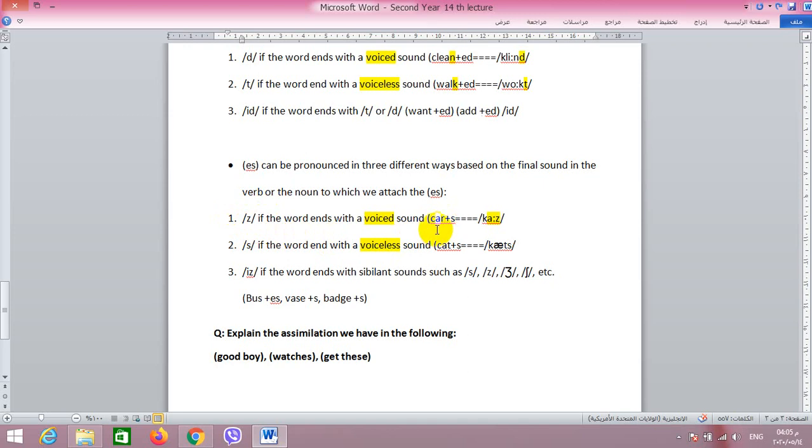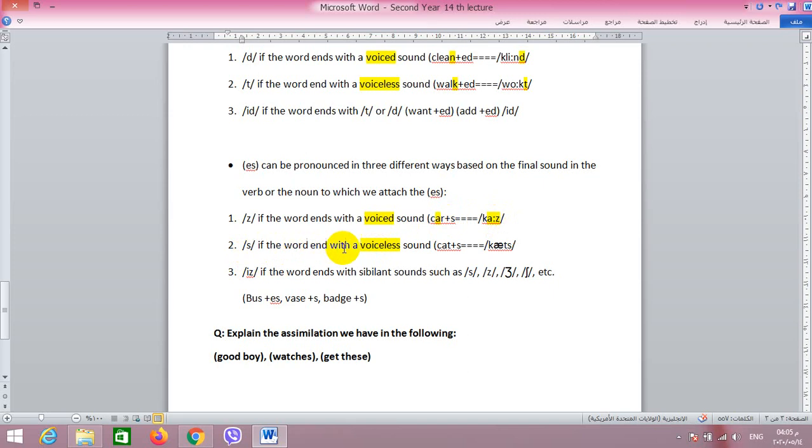Cause ends in a voiced sound. When I add the s, it becomes z, which is also a voiced sound. So it is voiced, z is voiced. I cannot say caus with an s. It should be cauz, because we have a voiced sound at the end.